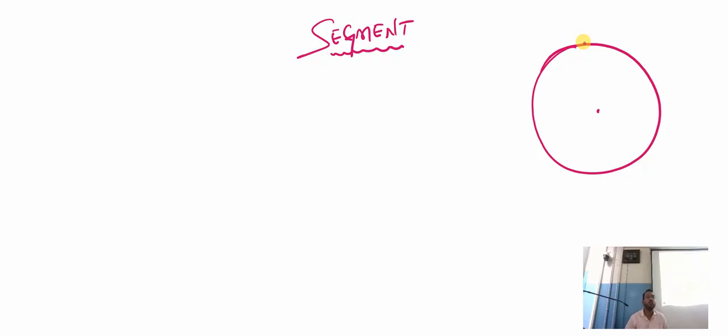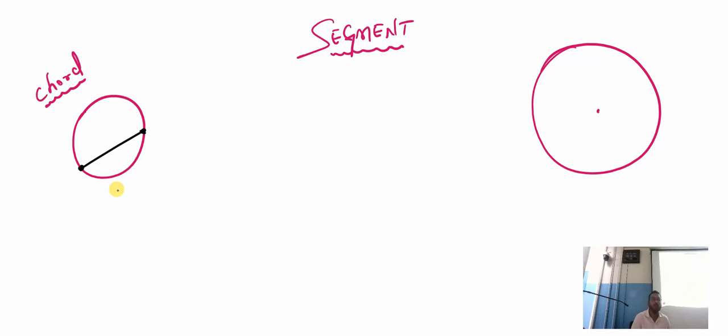Now I hope you know one topic in your circle chapter: chord of a circle. What is the meaning of chord? If we have a circle, take any 2 points on the circle and join these 2 points. The line which is formed is called a chord.